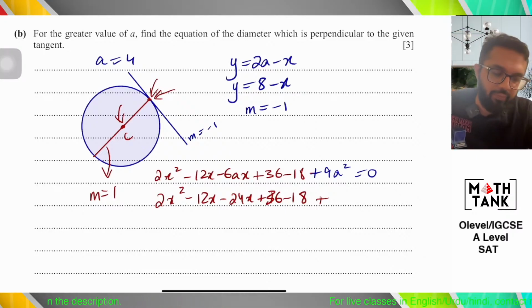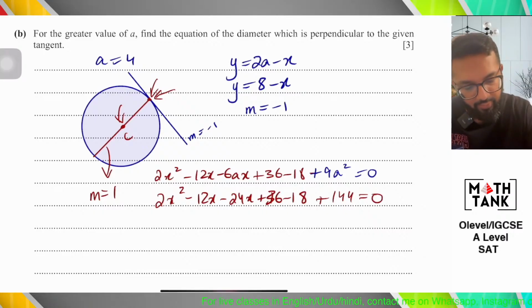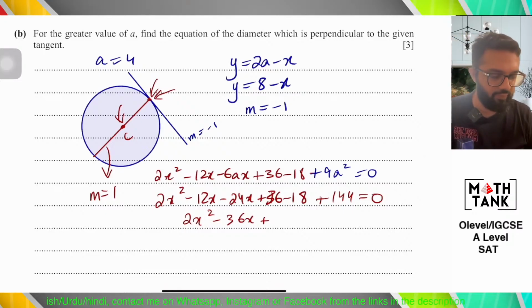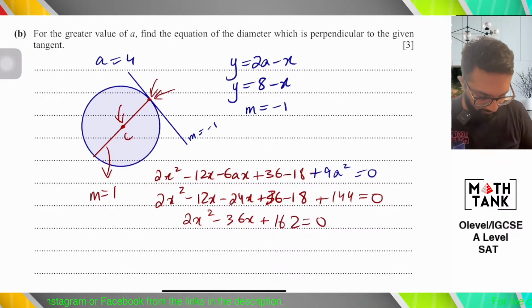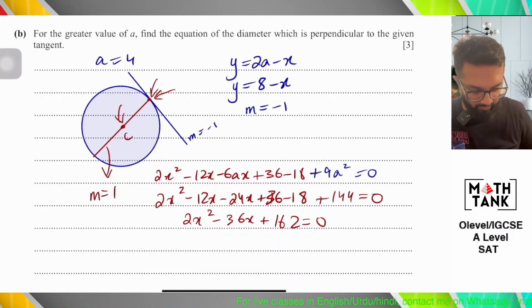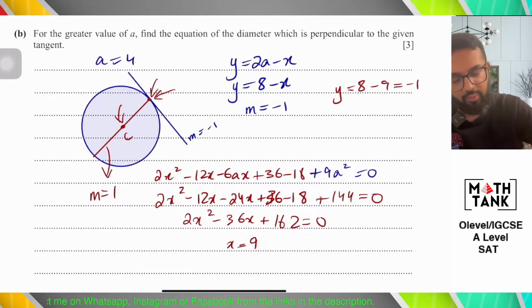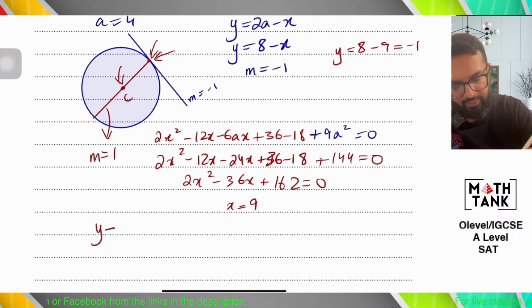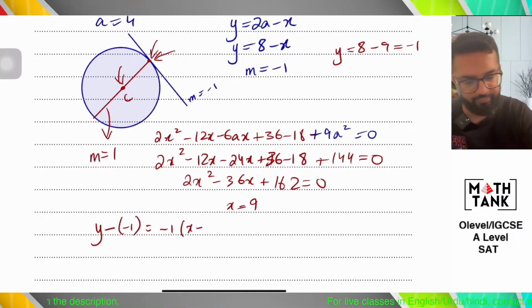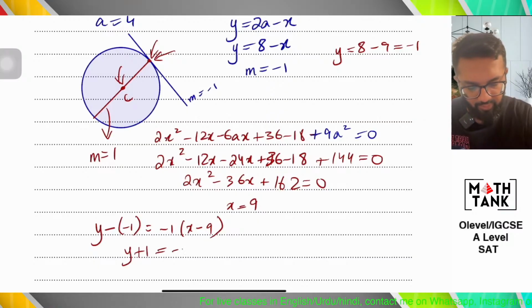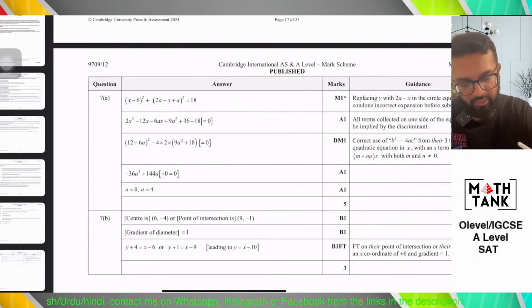36 times 4 is 144, I think. So 2x square minus plus 18, 9, minus 1 y minus y1, y plus 1 minus x y equals plus 8.